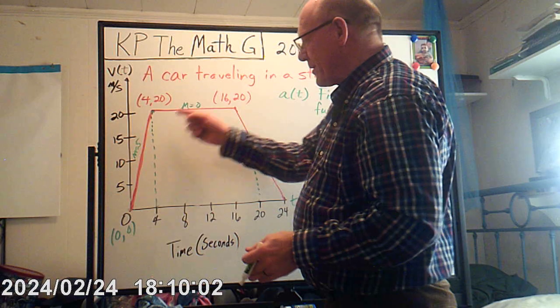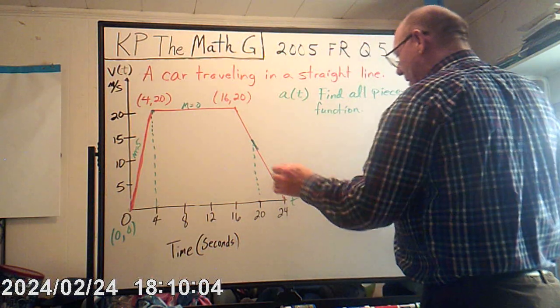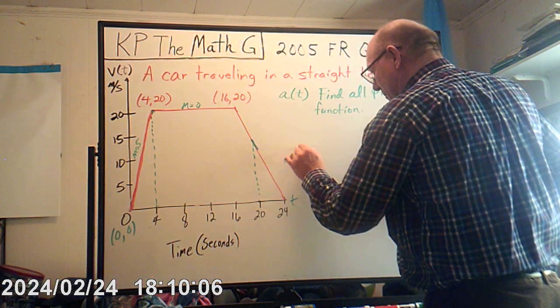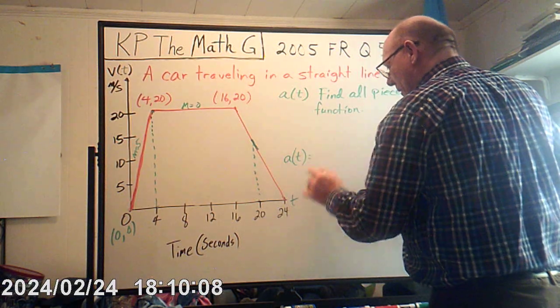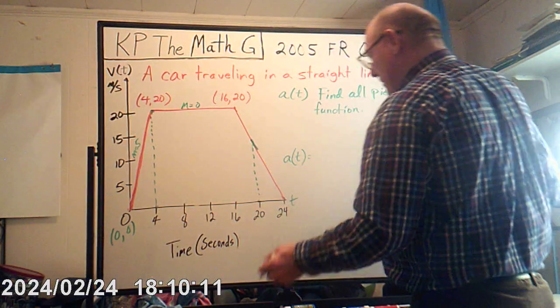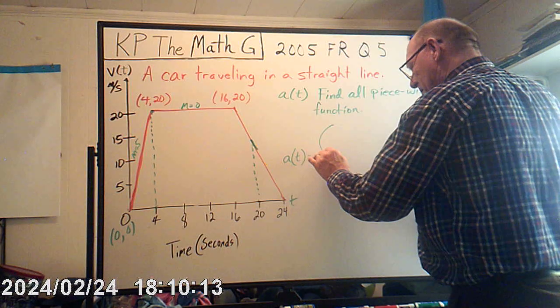So we've got two of the slopes. Here's how it works, here's what you've got to do. A at T is actually B prime at T, what we just looked at a while ago.